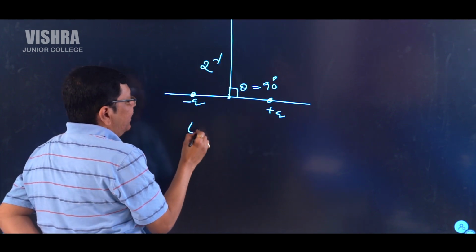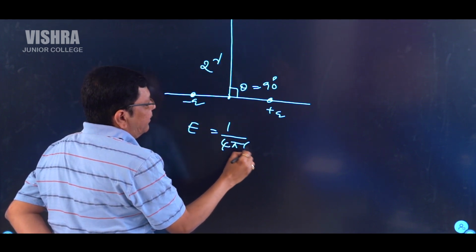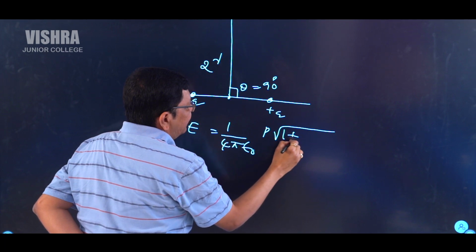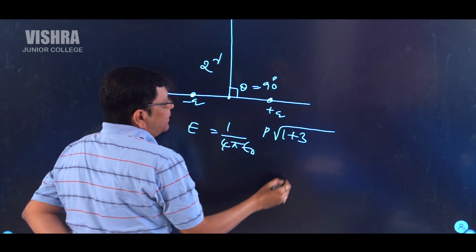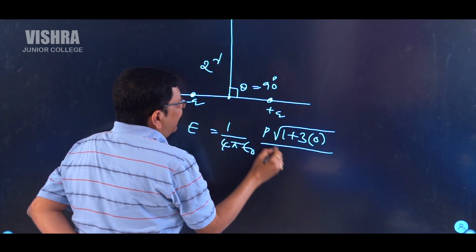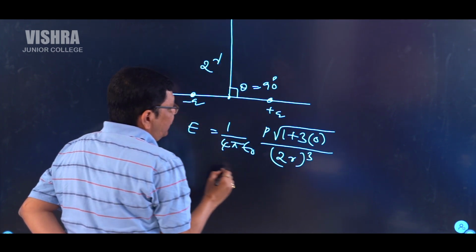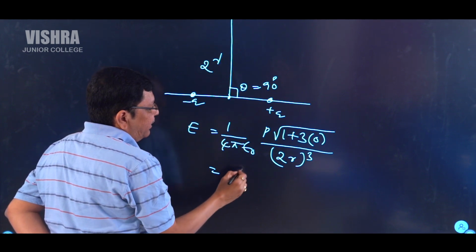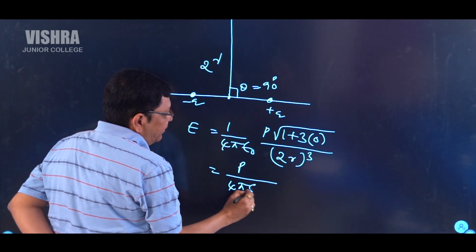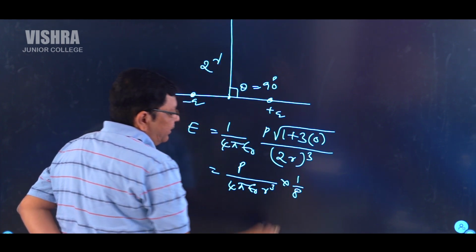So the electric field will be 1 over 4 pi epsilon naught and P multiplied by root of 1 plus 3 cosine theta square, over r cube, here the distance is 2r whole cube. Cosine 90 is 0, so cosine theta square is 0. So this electric field we can write as P by 4 pi epsilon naught r cube multiplied by 1 by 2 cube, which is 1 by 8.